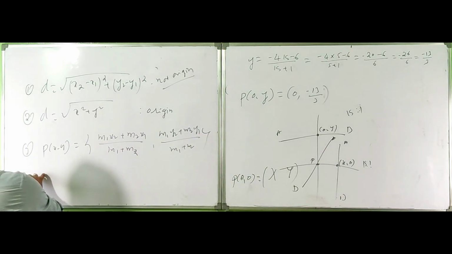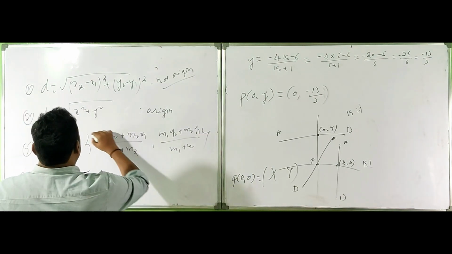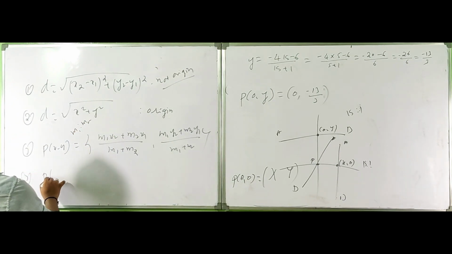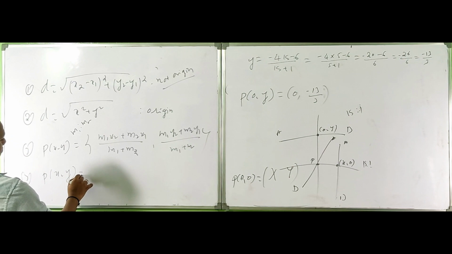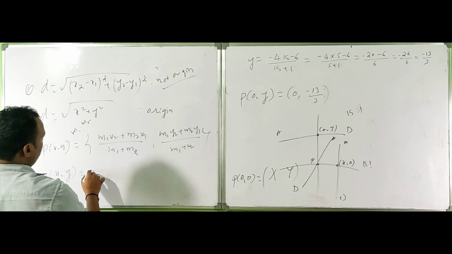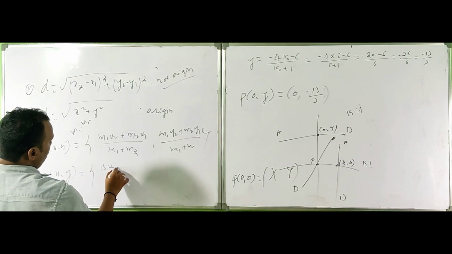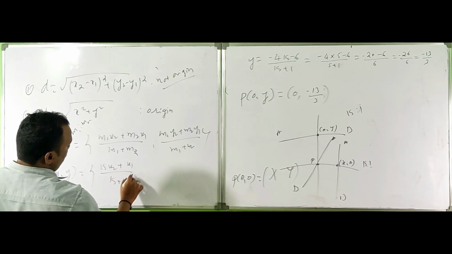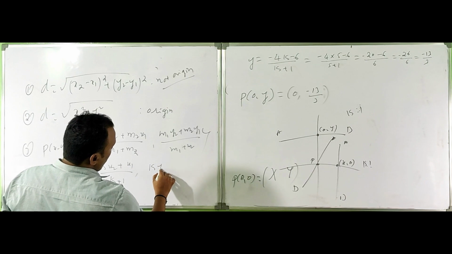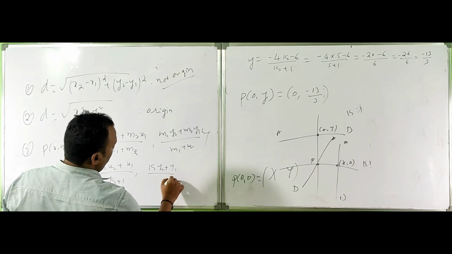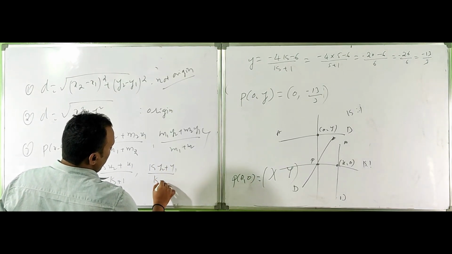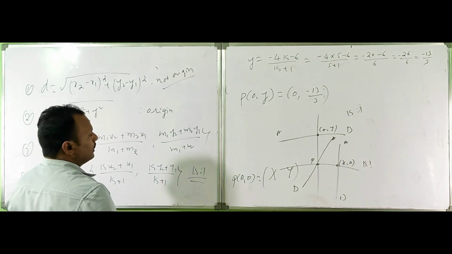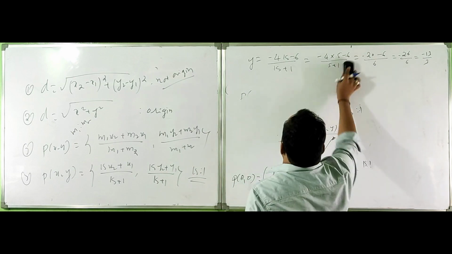The point is ratios, for the M1 is to M2 ratio. For the K is to 1 ratio, the corresponding point is (K X2 plus X1) divided by (K plus 1) and (K Y2 plus Y1) divided by (K plus 1). Right? K is to 1 ratio.